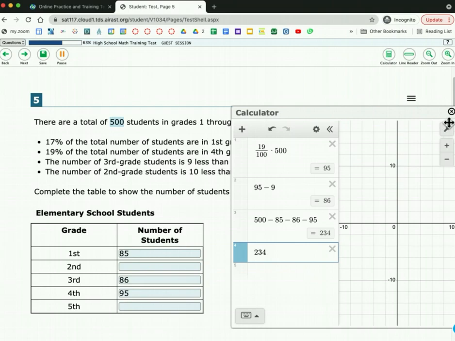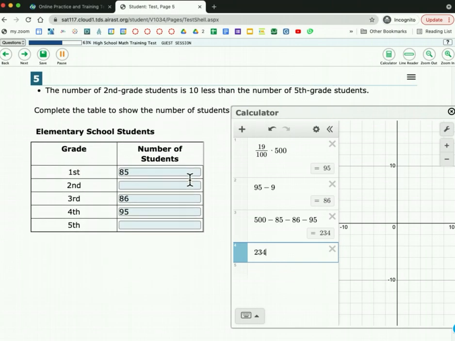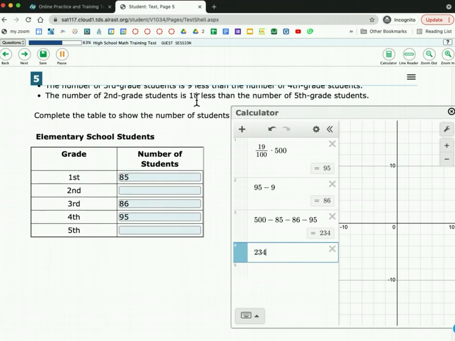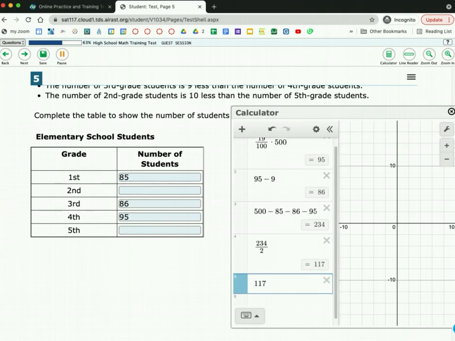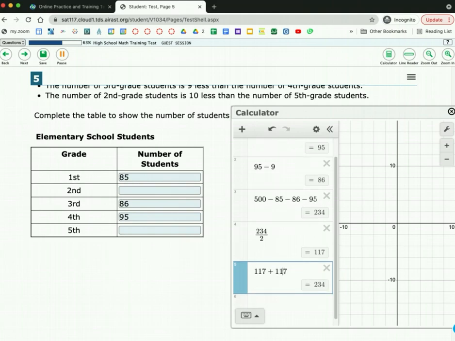So I have to basically think of two numbers. It says second grade is 10 less than fifth grade, right? So the numbers are close to each other. If it was in half, I'd just divide by 2, so that'd be 117 and 117. But the numbers have to be 10 away from each other.